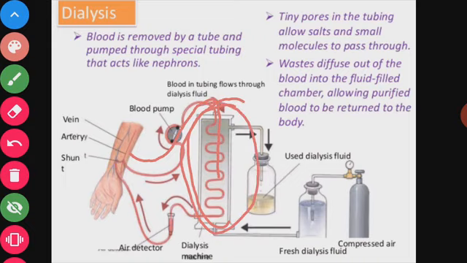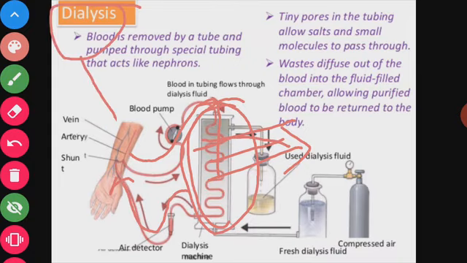The semi-permeable membrane removes the wastes, urea and excess salts, from the blood and filters the blood. The filtered blood is sent back to the body through the veins. This dialysis technology is used when the kidneys are not functioning properly.